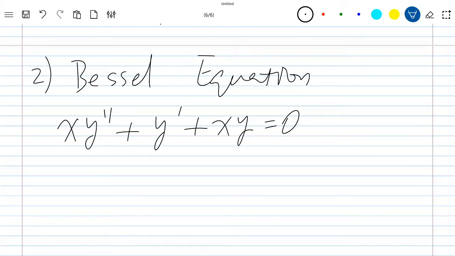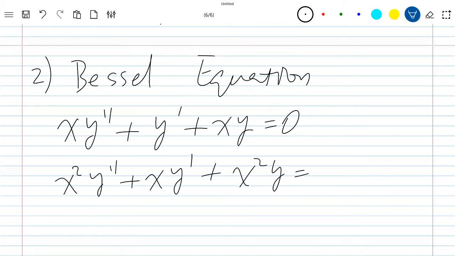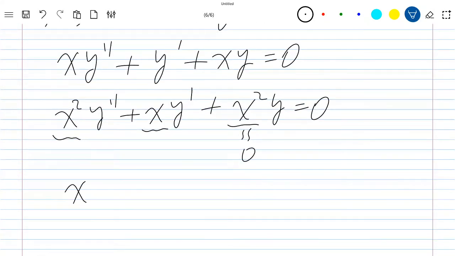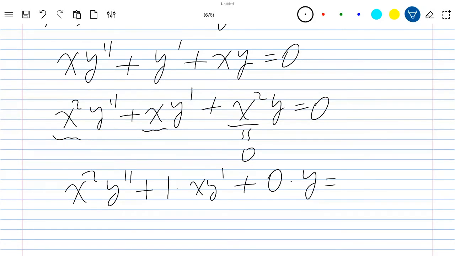Well, we want to mimic the Euler equation, so we multiply it by x. So this is x squared y double prime, this is 1 times xy prime, and what is this? When x is very small, this is like 0, right? So we can just say, hey, we got our equation. It's just this: x squared y double prime plus 1 times xy prime plus 0 times y. Because you take the limit, you will see this just becomes 0.